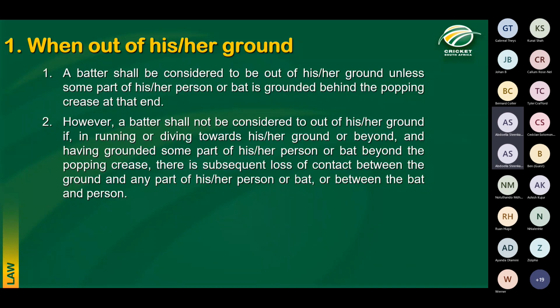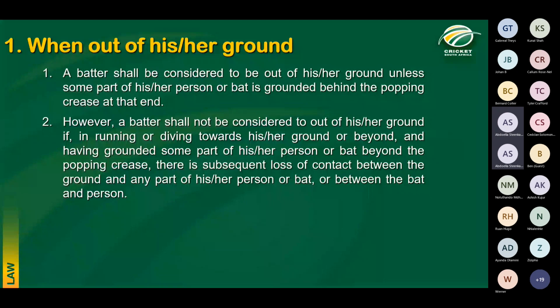If a batter, by either running or diving, grounds the bat behind the popping crease, and because of that forward momentum, running and diving, the bat now subsequently goes in the air and then the wicket gets put down, in that instance, the batter will be not out.